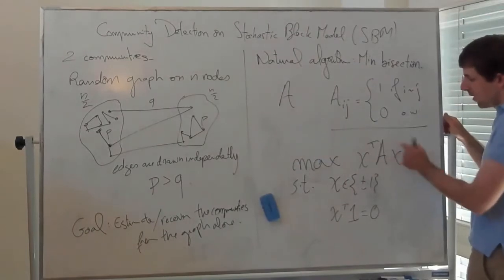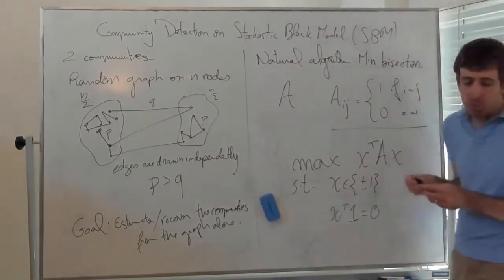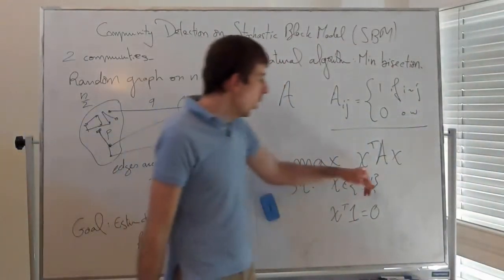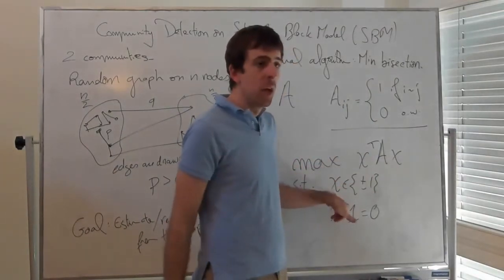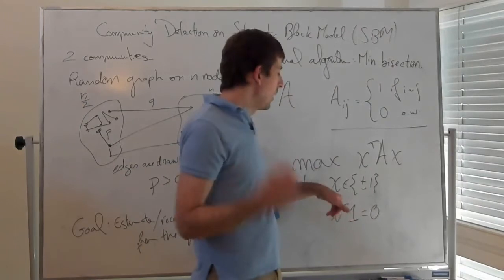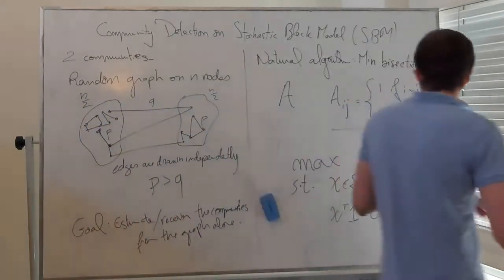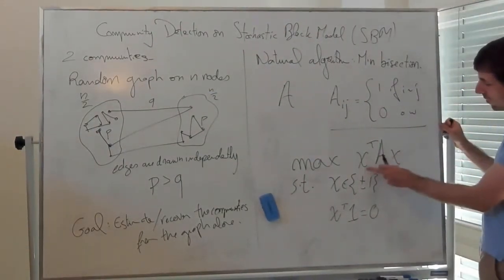Remember, we didn't see it this way. We saw it as minimizing x transpose Laplacian x, but the Laplacian is a diagonal matrix minus the adjacency. What this does on the diagonal is completely constant, because it just sees x_i squared, and those are always 1, so it's exactly the same. Another way of thinking about this is that we're maximizing the number of edges within.